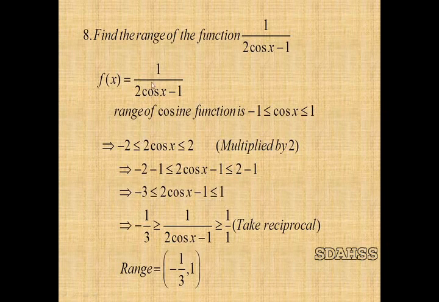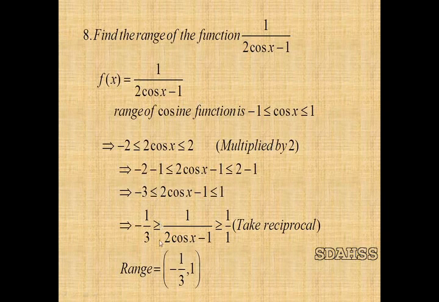Then look at the given question, 1 by 2 cos x minus 1. Now we got minus 3 less than or equal to 2 cos x minus 1 less than or equal to 1. So for that you have to take reciprocal. If you take reciprocal, the inequality sign changes from less than or equal to greater than or equal to.